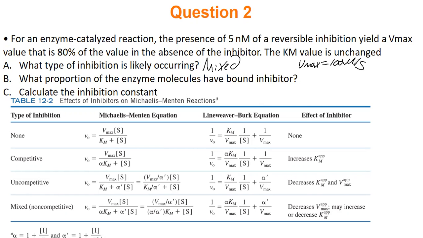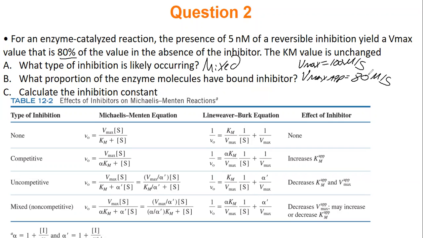When can you know to assign a variable? Here, the reason I know is because I'm working in percentages. So my Vmax apparent is 80% of my maximum speed. Well, 80% of 100 is 80. So when I'm inhibited, I'm going 80 molar per second, right?